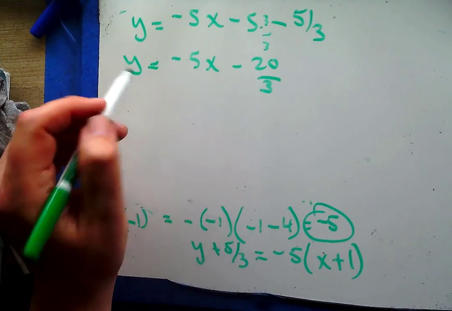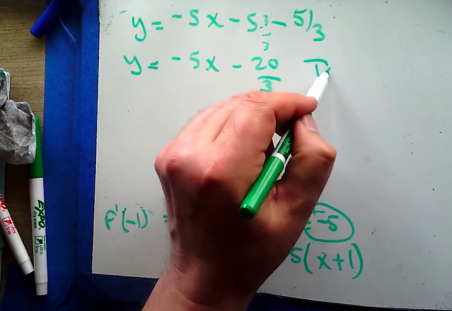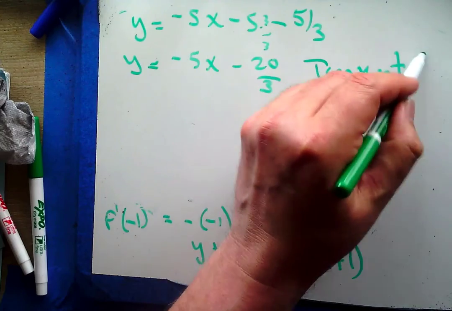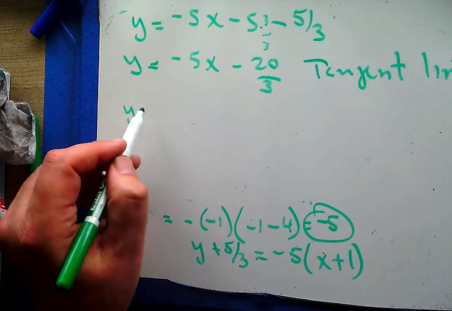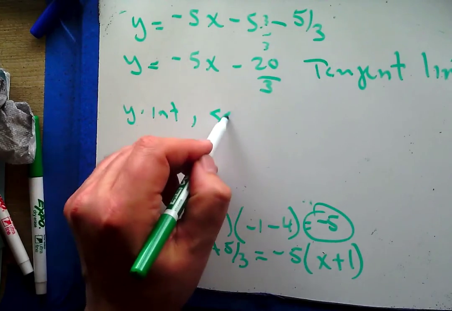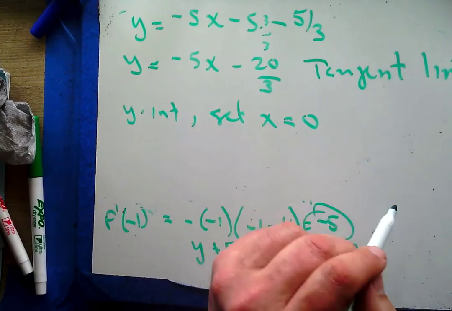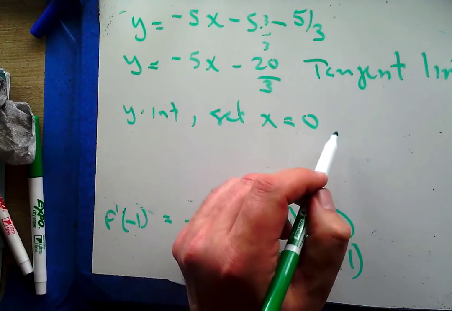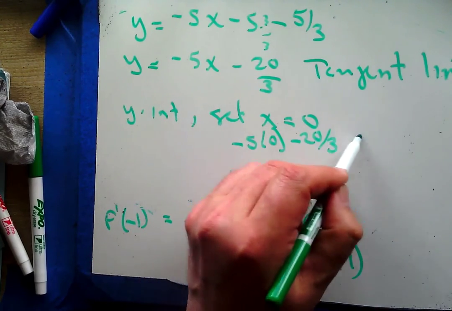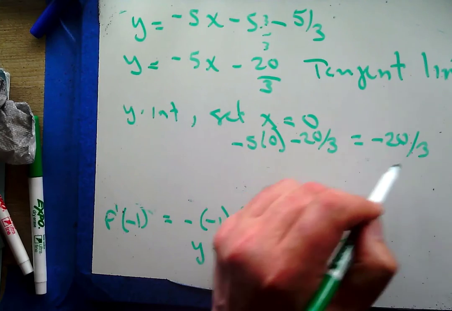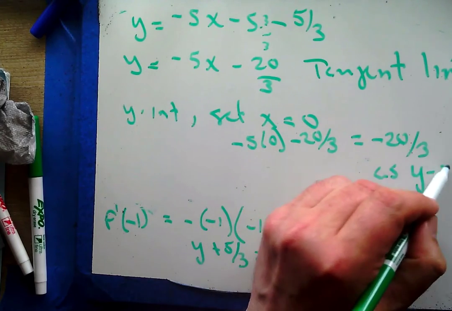So that's what y equals. That's our tangent line. And if I want to find a y-intercept, I set x equal to 0. And when I do that, I have -5 times 0 minus 20/3, and I get -20/3 as the y-intercept.